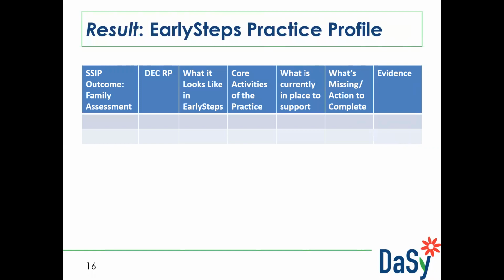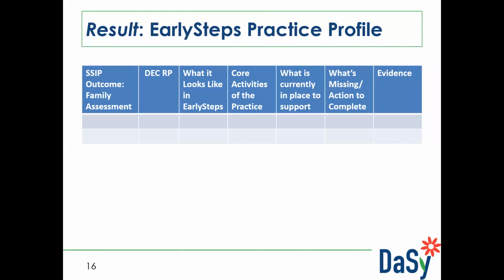And then we were able to take the information and plug it into our practice profile that we had developed. It looks a little bit different from the one that's in the implementation science method, but it really helps us with how we plan to roll forward with identifying the practices in the area.